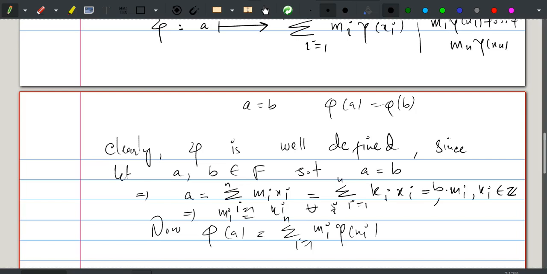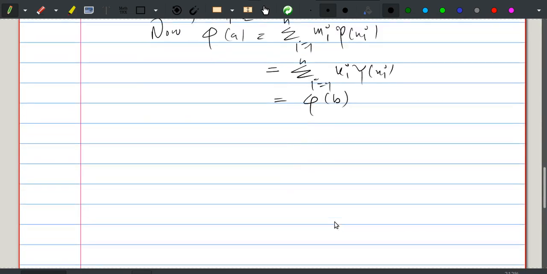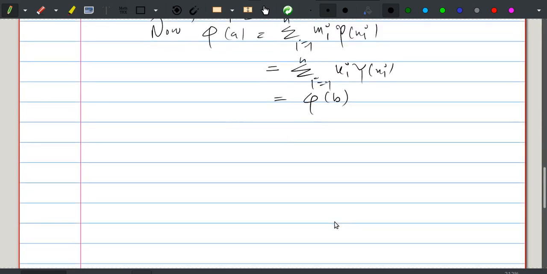So phi of a is equal to the sum of mi gamma of xi, which is the same as the sum as i runs from 1 to n of ki gamma of xi, because if we set these two elements to be equal, this forces mi to be equal to ki for all i. So this is nothing but phi of b. So phi is well defined. Phi is a homomorphism.